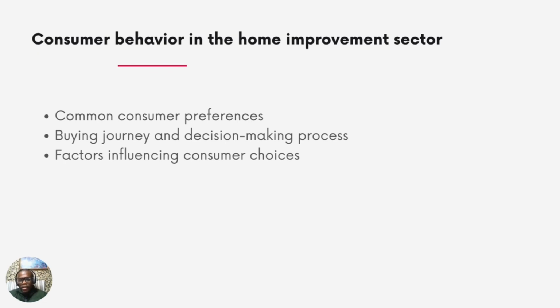The influence of home improvement shows, social media, and design trends tend to play a role in influencing customer choices. Let's say they have been watching a real estate show, like Luxury Listing.